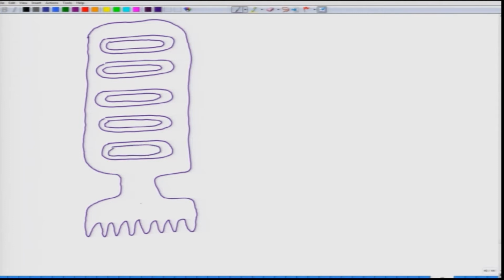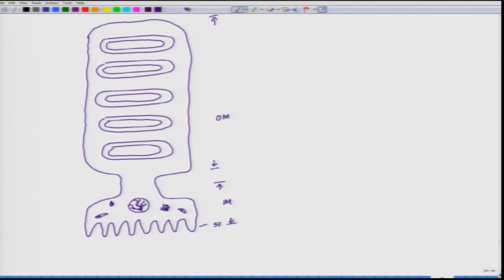Something like this, and here you have the nucleus, mitochondria, endoplasmic reticulum, Golgi apparatus, synaptic terminal. Here is the inner membrane, and here IM stands for the inner membrane. Here you have the outer membrane, right. This we have already talked about.